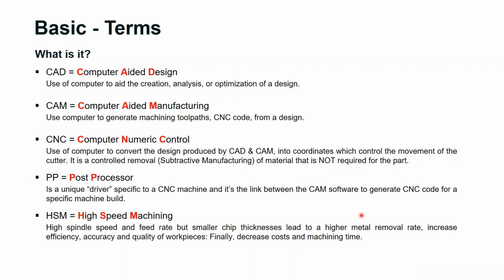The CNC controller, the computer numerical controller, is more or less a computer that converts the G-code produced by the CAM package into motion on the machine with linear and rotary axes. To do that, we need a post-processor. The post-processor is like a translator, translating the native format inside the CAM package and customizing it to fit a controller or a specific machine.